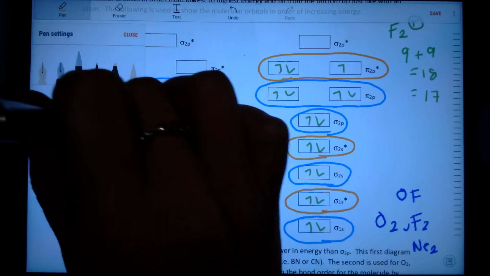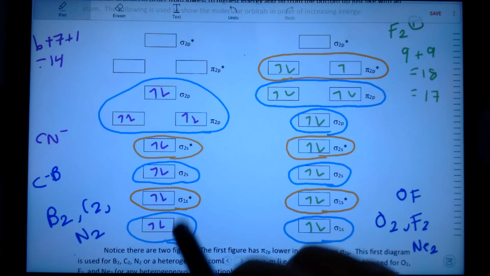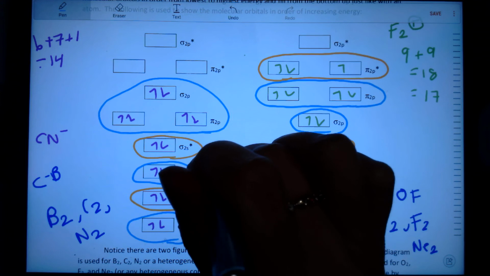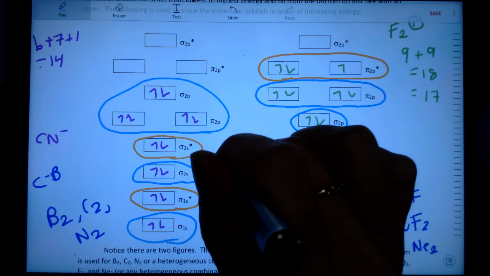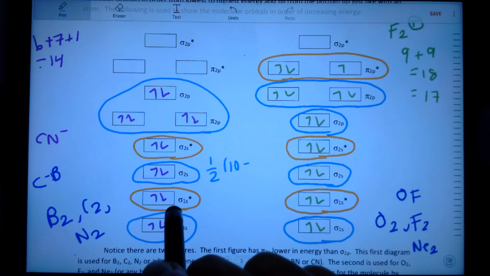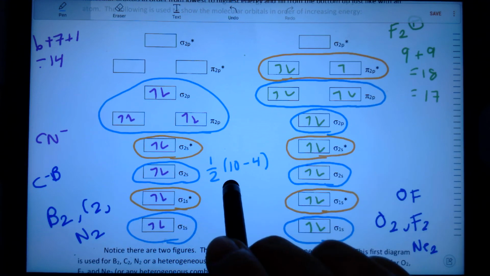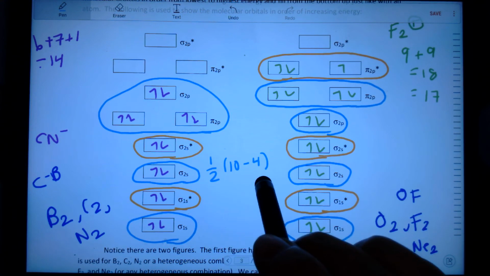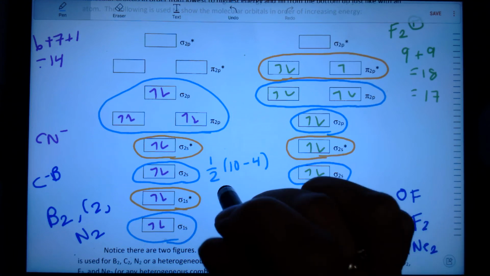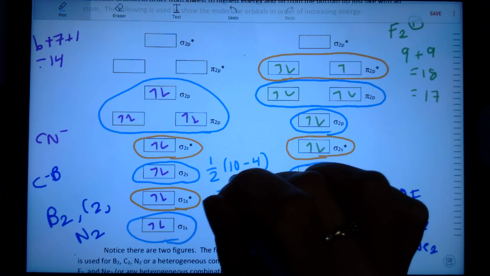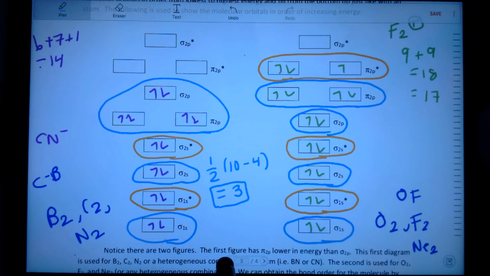Okay, so let's look at our bond order. So we have 2, 4, 6, 8, 10. This is going to be 1/2 of 10 minus. Here we have 1, 2, 3, 4, and minus 4. Okay, so 10 minus 4 is 6. Half of 6 is 3. So we would expect this bond order for cyanide to be 3.